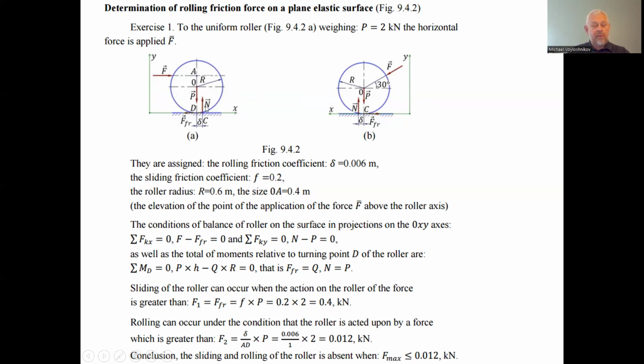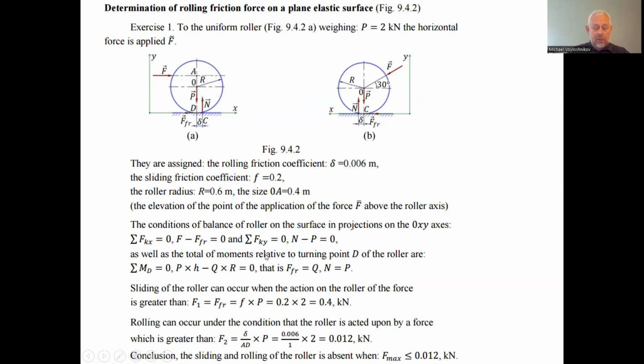Because of this phenomenon, not only the deformation of the support plane and the wheel causes raising of the arm between the points of the application of the support reaction and the weight, causing the resistance to the rolling. It could be as well the dry friction due to the roughness of the surface.